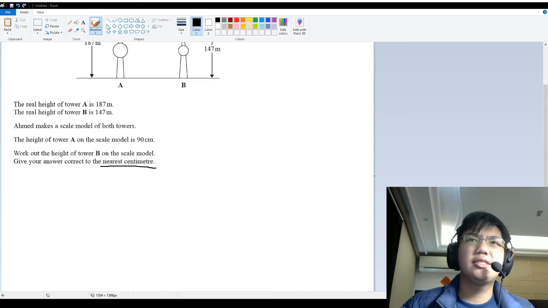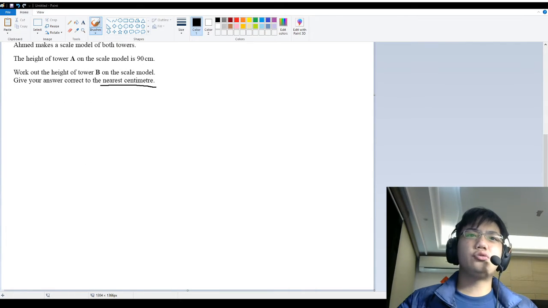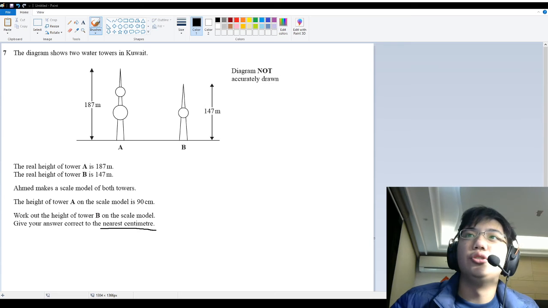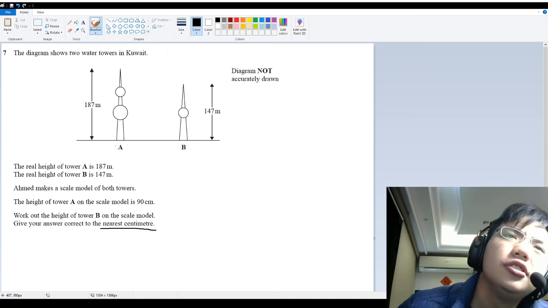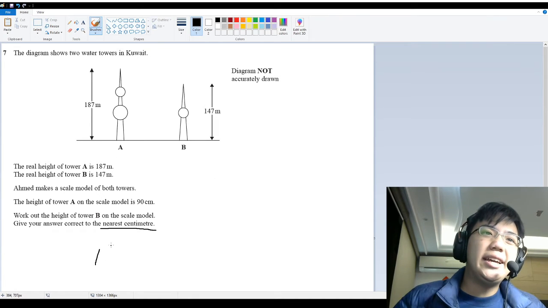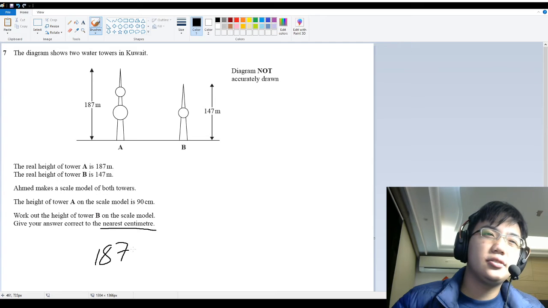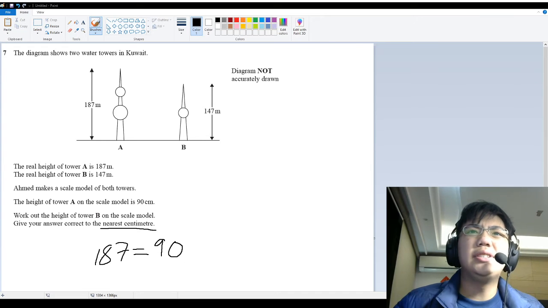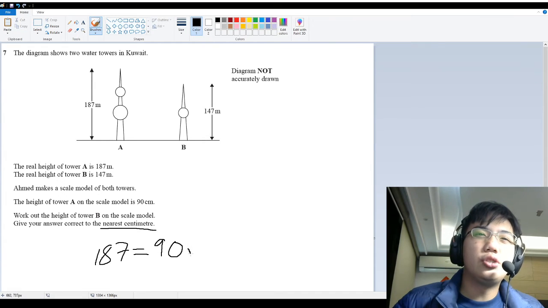So to solve this, we can first write down the equation for this question. 187 is the real size, and that equals 90 centimeters shrunken by a certain scale factor that we will call k.